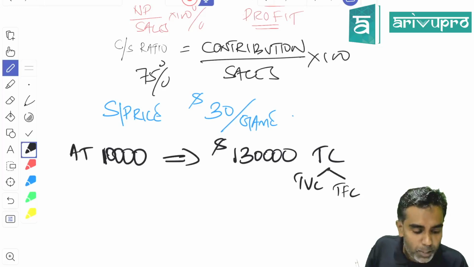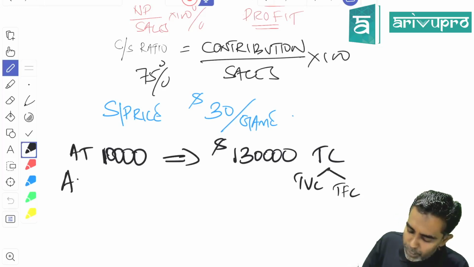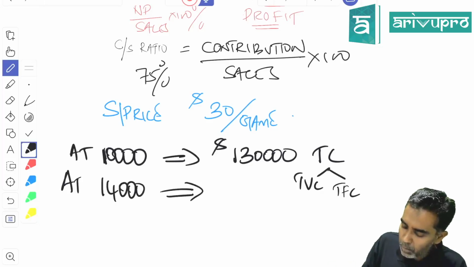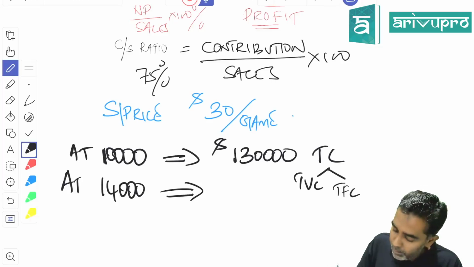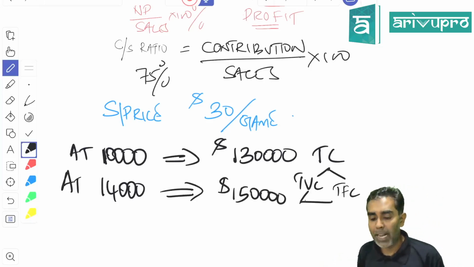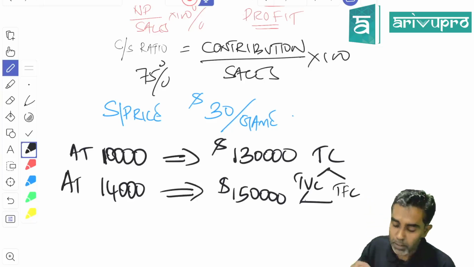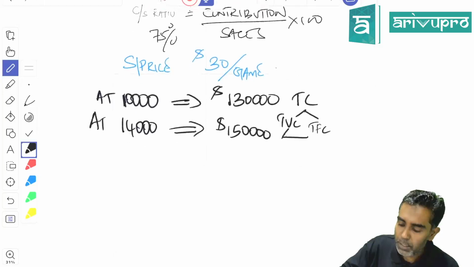At 14,000 units, total cost is $150,000. Once again, it has both elements: variable cost as well as fixed cost. Look at the small condition.